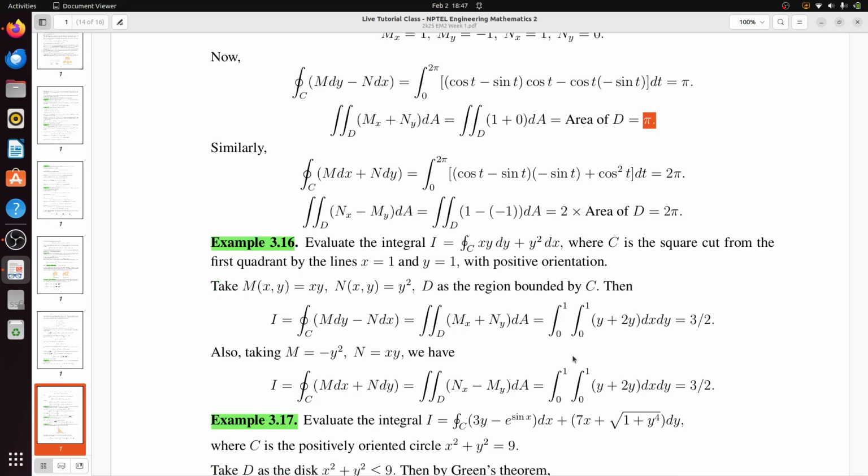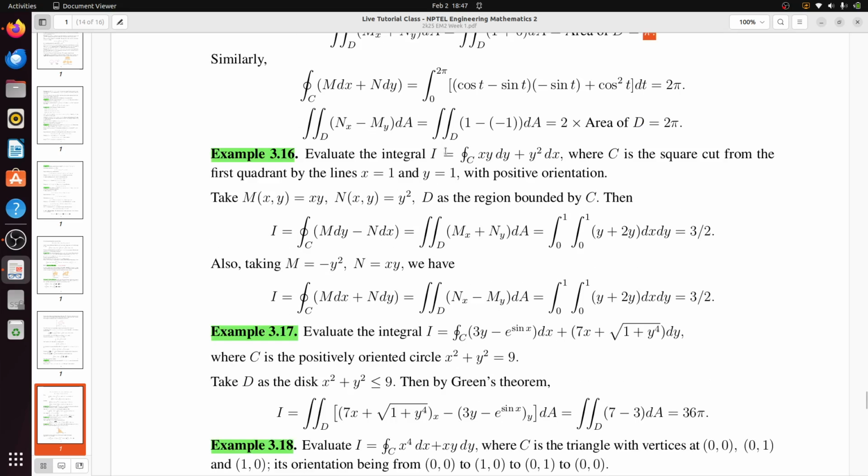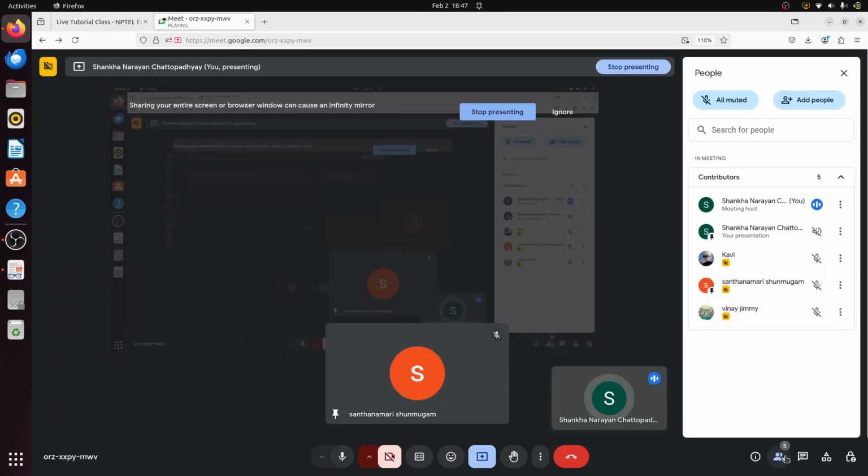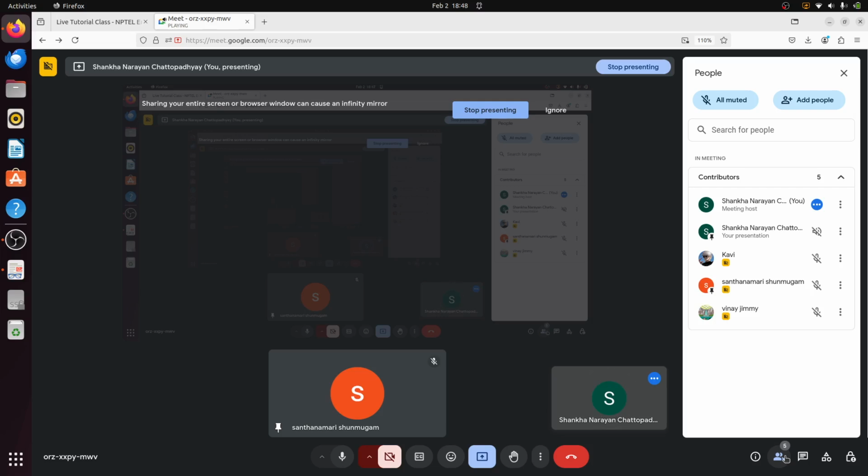So next you need to evaluate the integral. Okay, hello everybody, are you with me? Yes, sir. There is a Saraswati Puja festival going on in our IIT, so they are making some noise with mics.